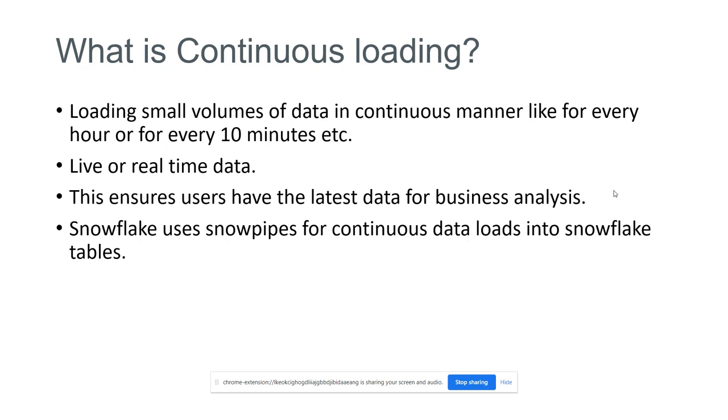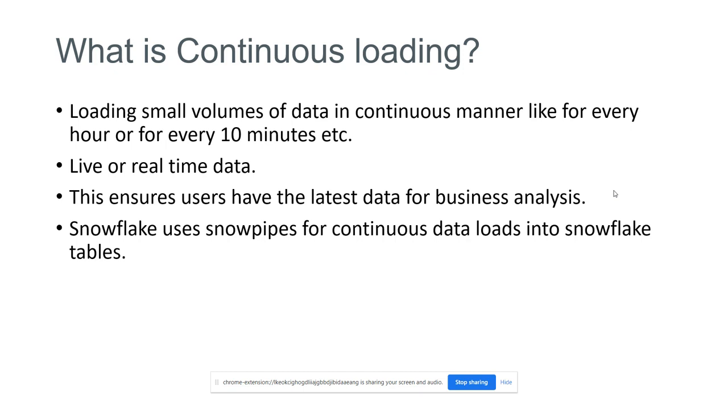Okay, so in Snowflake we have a concept called Snowpipe. Snowflake uses Snowpipes for continuous data loads into Snowflake tables. Suppose we are using some cloud storage location where my source team is sending the files to that external cloud storage.